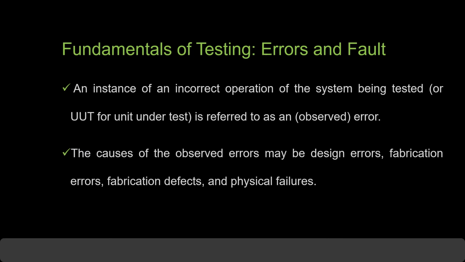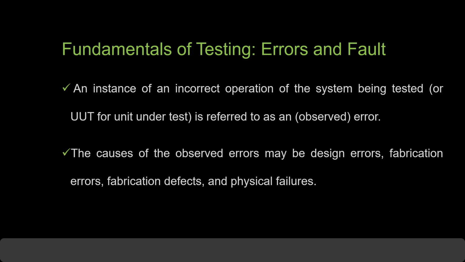Now, let's discuss errors and faults in digital systems. Usually, what do we mean by an error? An error is basically an incorrect operation that is happening in a system. Again, the concept of an error can have different meanings at different levels.